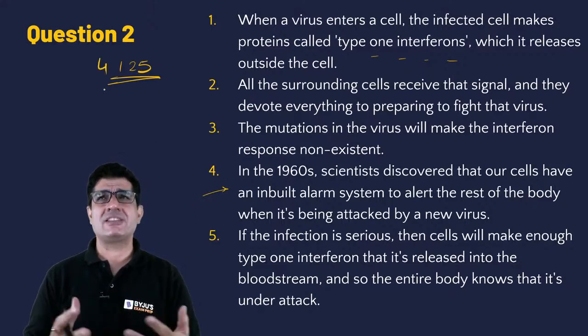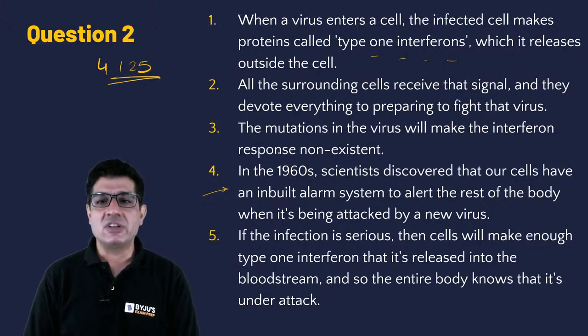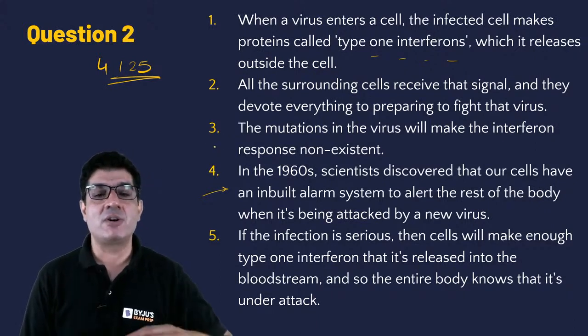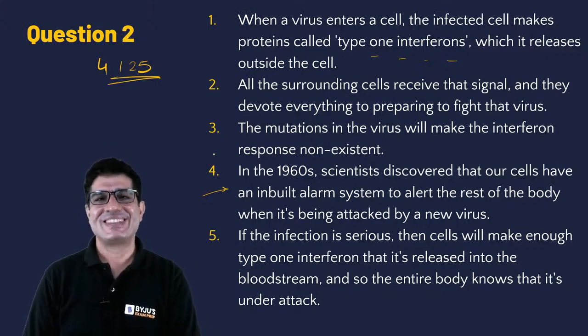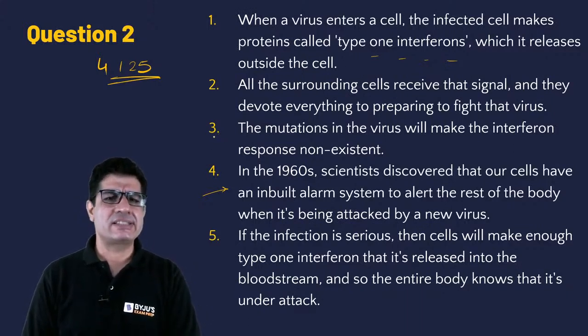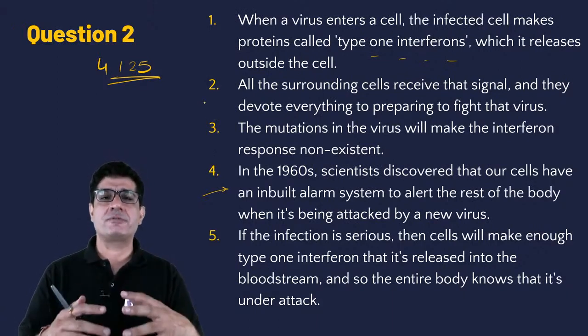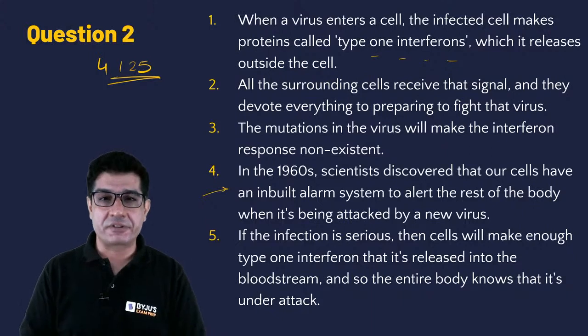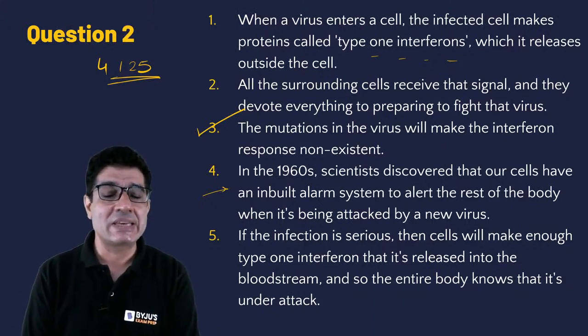So if I were to arrange a paragraph, I'll say 4125. 3 on the other hand is talking about interferon not working. So I am sure it is a sentence that is part of the same article. It is perhaps a part of a paragraph that comes after. But 3 is not going to be a part of this same paragraph. It does not talk about the same theme.